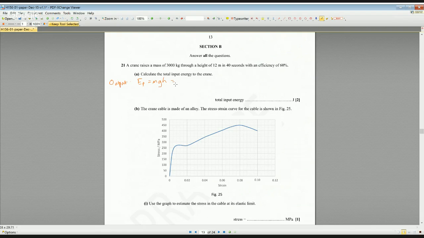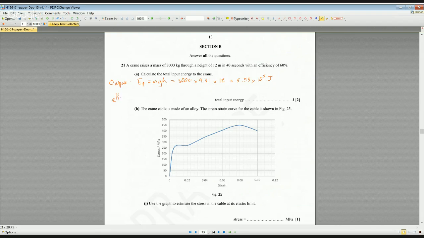So that would be equal to 3,000, the mass, times g, 9.81, multiplied by the 12 meters it gains. And that comes out as 3.53 multiplied by 10 to the power of 5 joules. So that's our output energy.